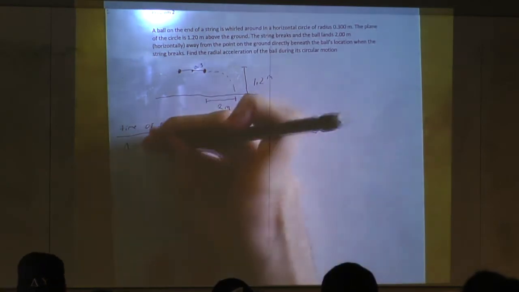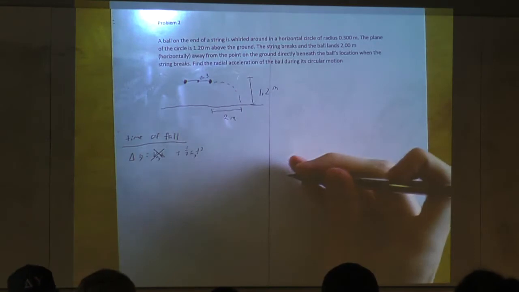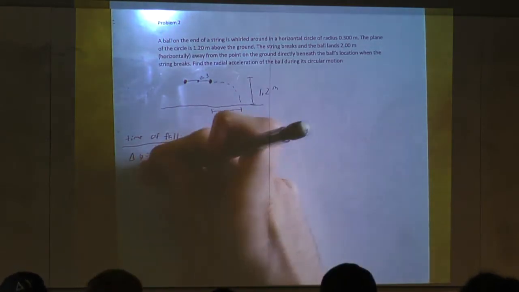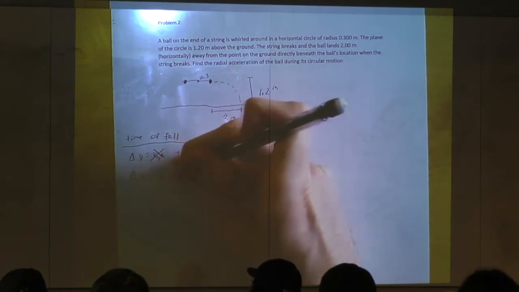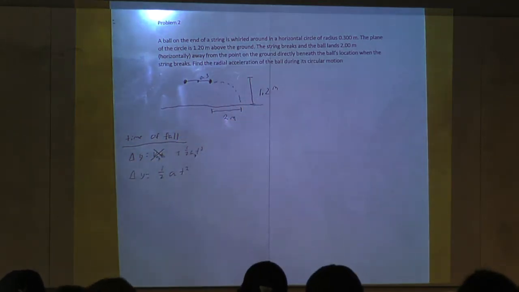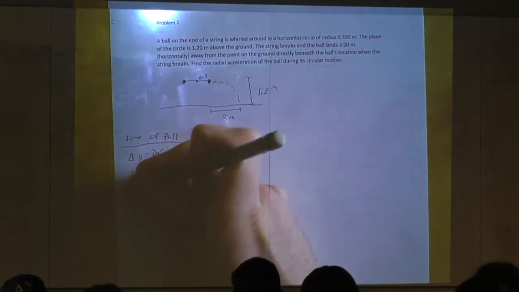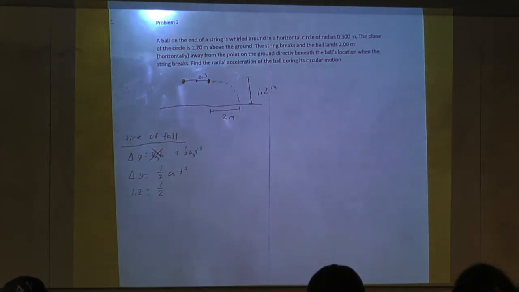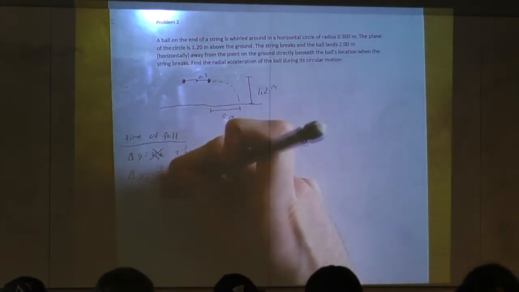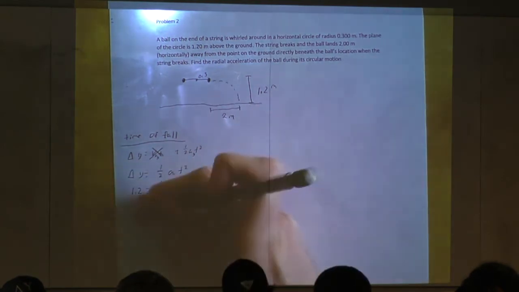So because of that, we can cancel out this term, which then leaves us with t squared. And then if we start plugging in from what's given to us, we know that this was 1.2 meters. And we know that acceleration in the y direction is always gravity. And then from this we can solve for t.